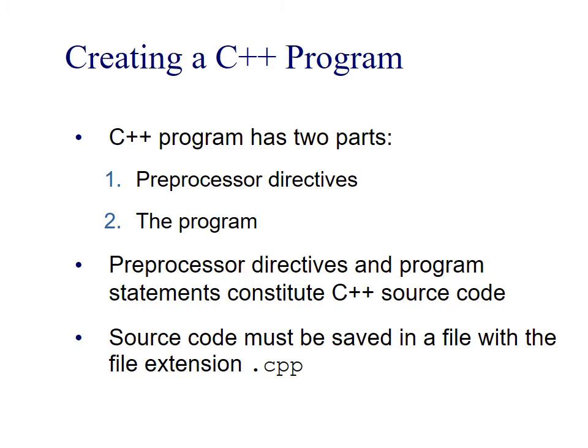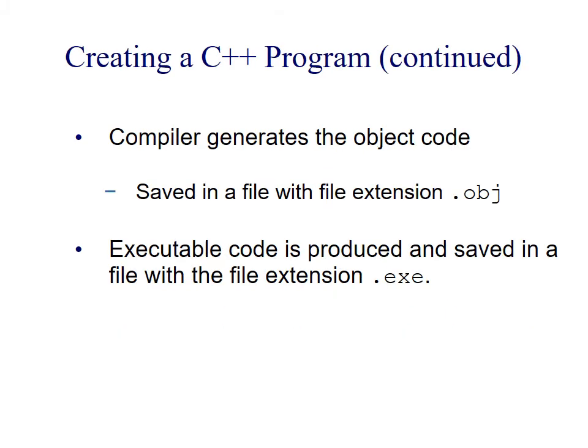Source code must be saved as C++. So if you go to file and save, make sure in the box you select C++. If you select C language, some of the things will not compile. The compiler generates the object code automatically, so you don't have to worry about that.